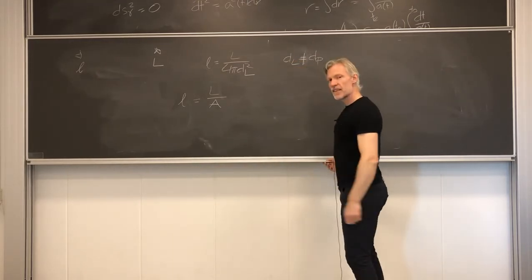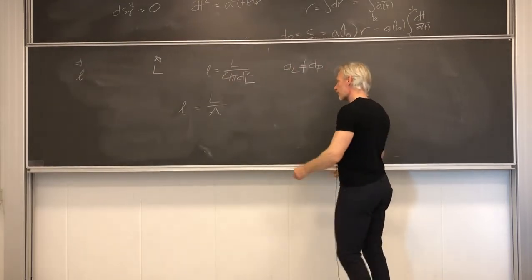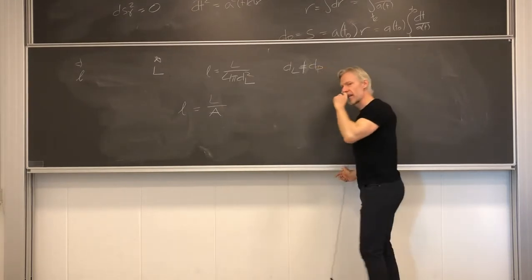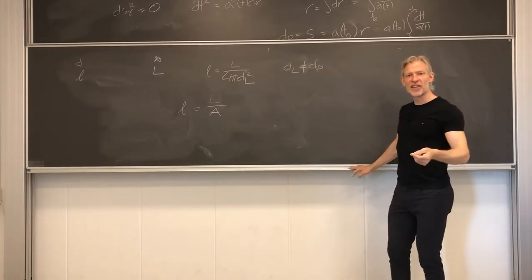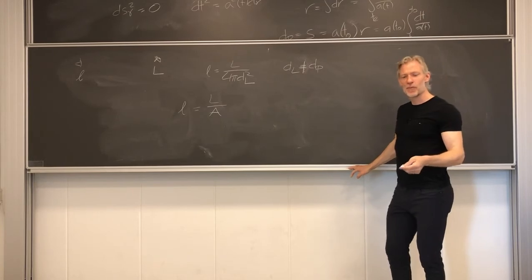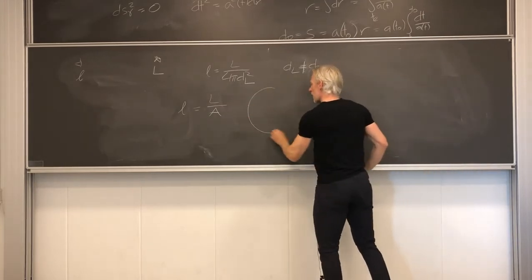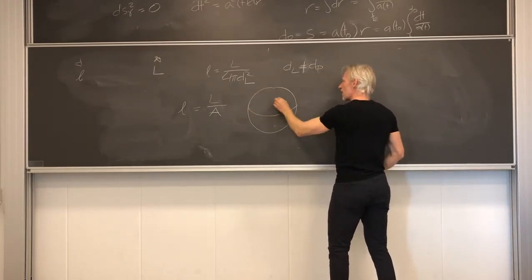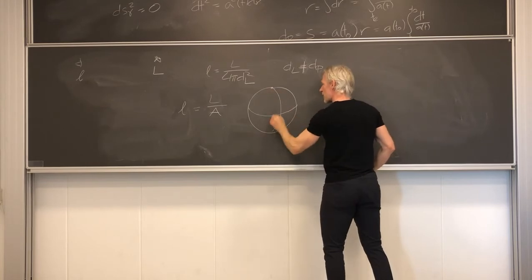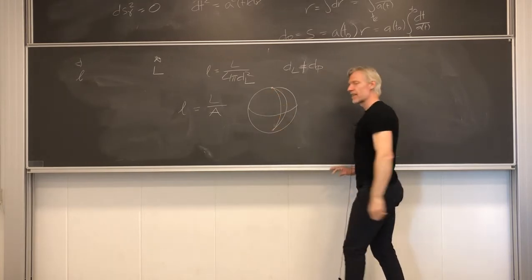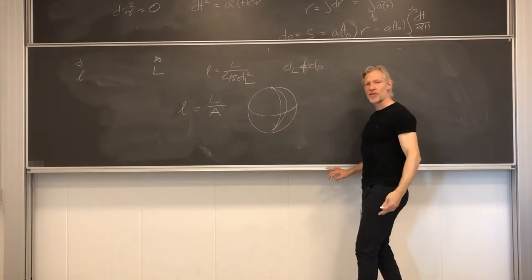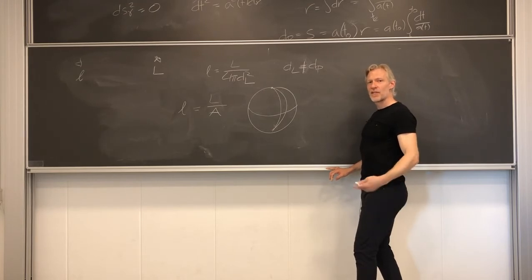So one would need the area calculation. And how does one calculate the area of a two-sphere in a curved space-time? Well, just briefly go back to simpler times when we just looked at Euclidean geometry, right? And remember, how does one calculate the surface area of a sphere?